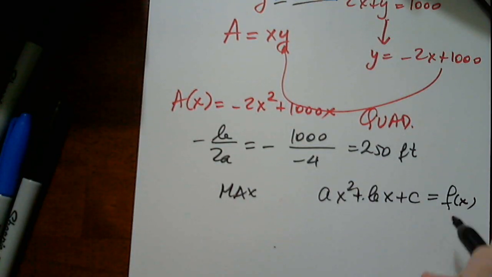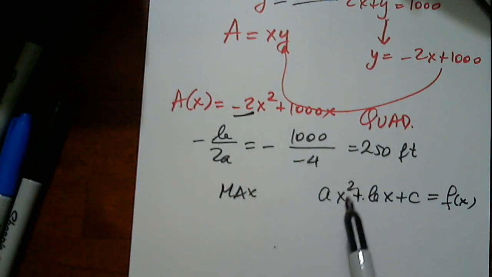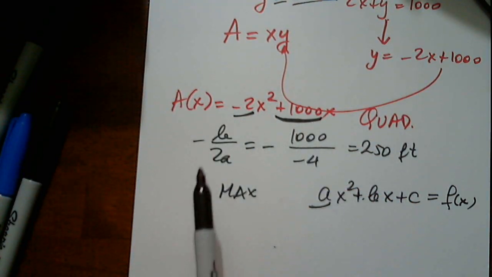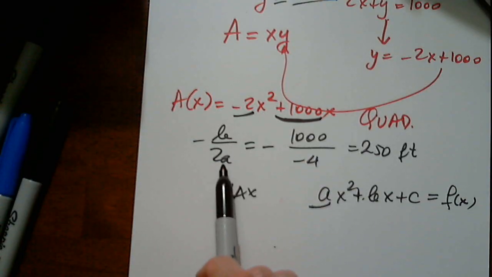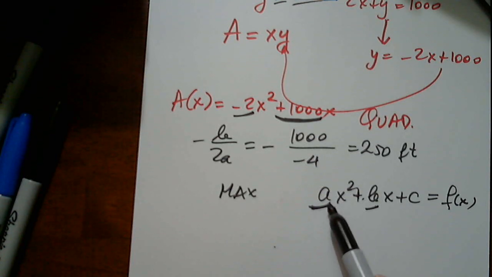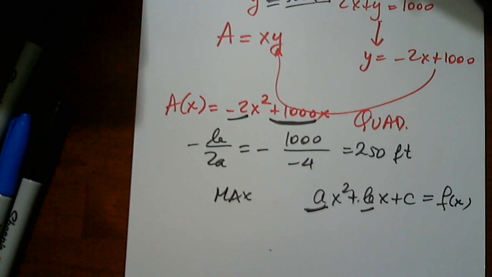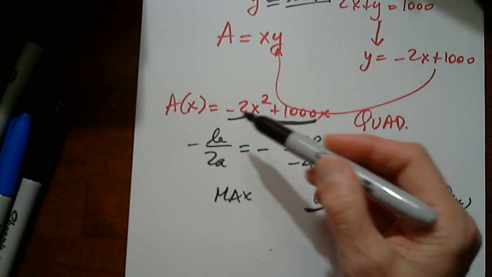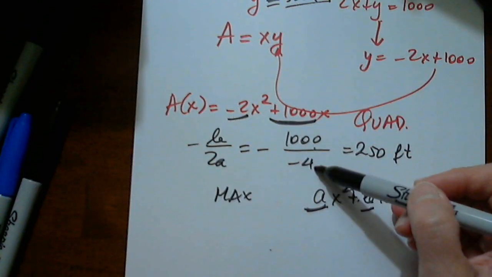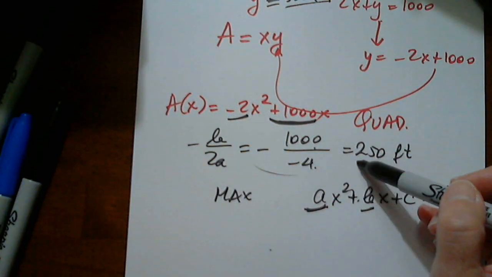That's the quadratic function. So this is the a, and this is the b. And the formula is negative b over 2a. So negative in front, b is 1,000, 2 times a is negative 4. This division is 250.